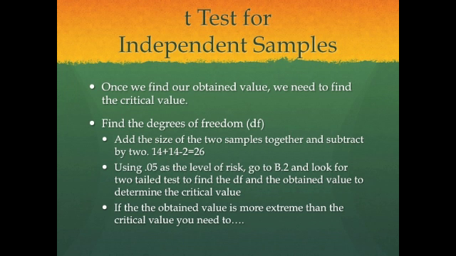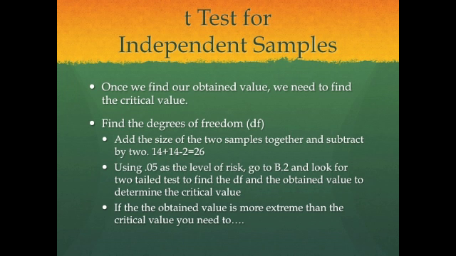So once we find the obtained value, we need to find the critical value. So first we would need to find the degrees of freedom. And in order to find the degrees of freedom for a t-test for independent samples, you want to add the size of the two samples together, so 14 residents per hall, giving us 28.